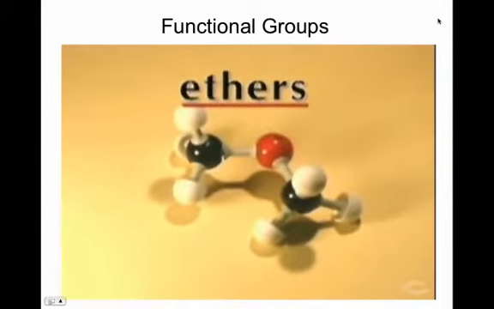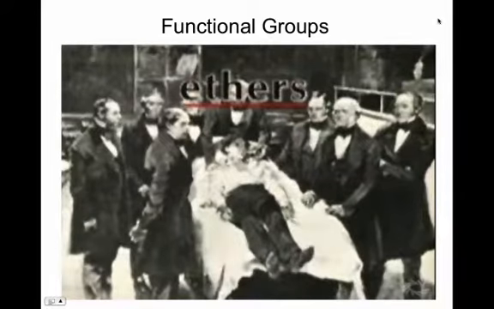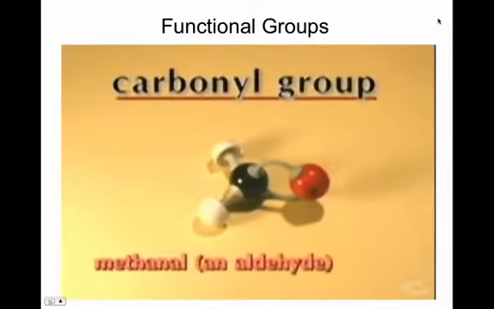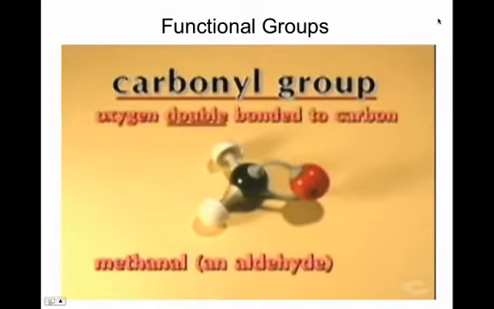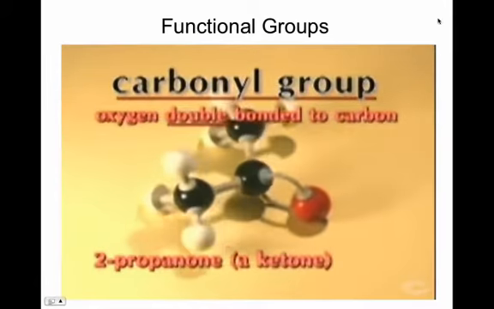Ethers are another group. They are molecules which contain oxygen bonded to 2 carbon atoms. Ethers have various applications. They were once used as an anesthetic, and now are used to improve the performance of engines. When an oxygen atom is attached to a carbon atom by a double covalent bond, it is a carbonyl group. Aldehydes and ketones are in the carbonyl group and are used in the manufacture of plastics and adhesives.